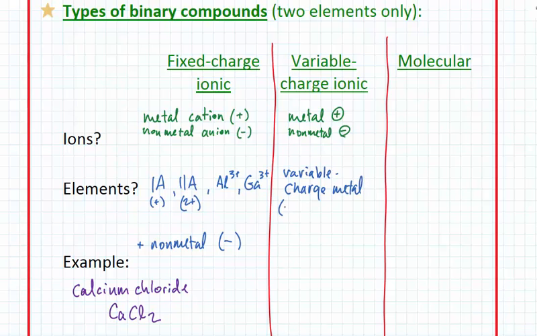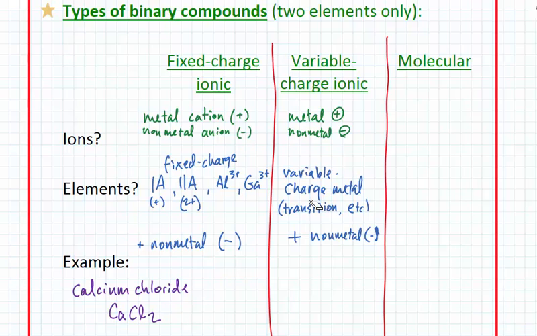Most of which are in the transition, but not all. I'll show you those in a second. But plus a nonmetal. It's going to be the same kind of nonmetal that we were talking about before. The difference here is whether it was a fixed charge metal. Let's write that.